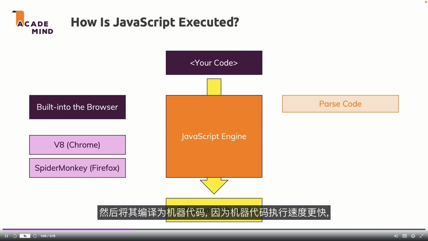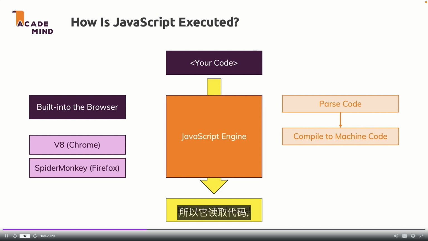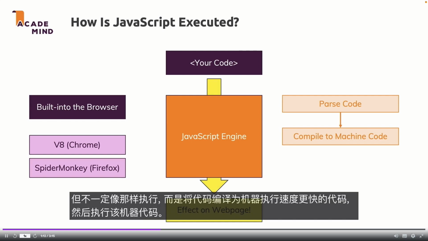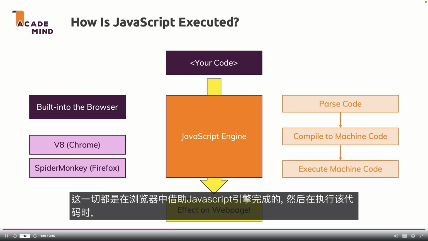Then, on the fly, compile it to machine code, because machine code executes faster. So it reads your code, but it does not necessarily execute it like that, but instead it now takes that code and compiles it to code, which is faster to execute by the machine, and then it executes that machine code. This all happens in the browser with the help of the JavaScript engine.